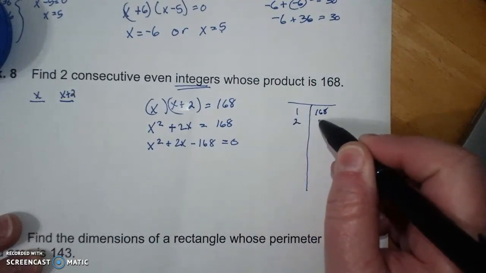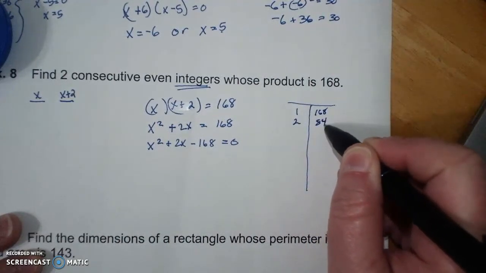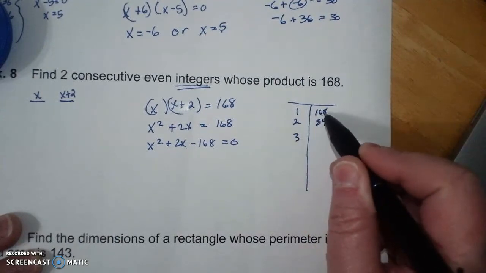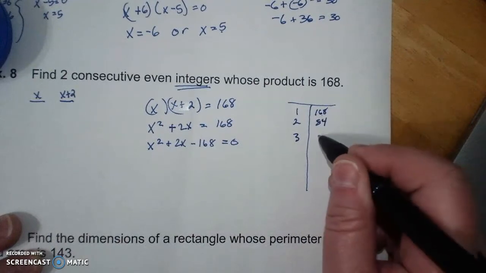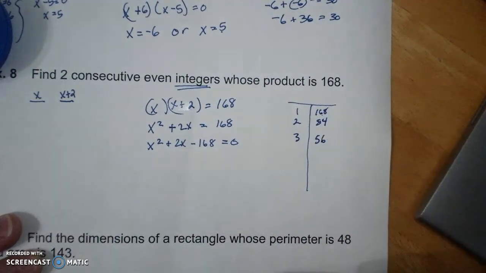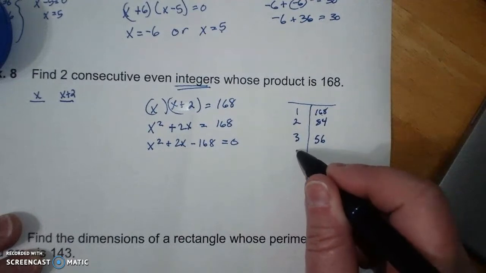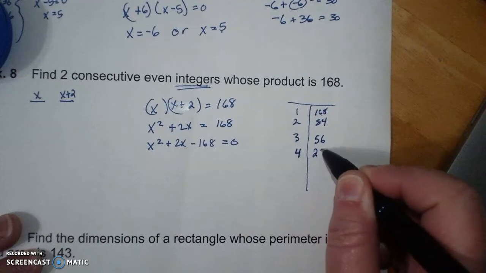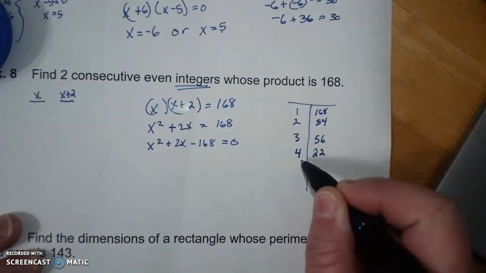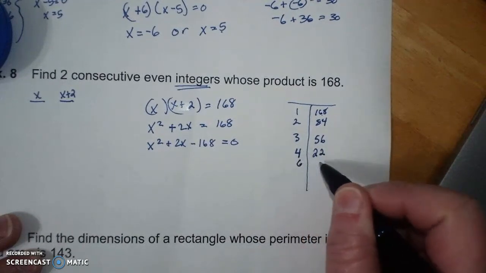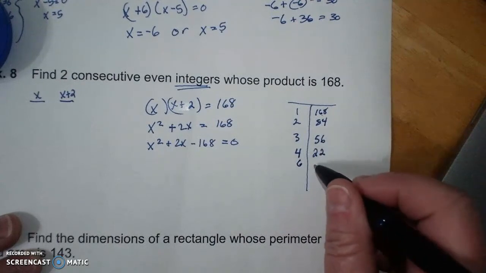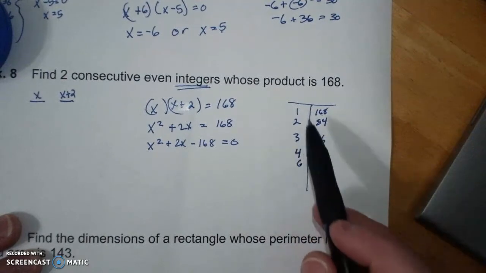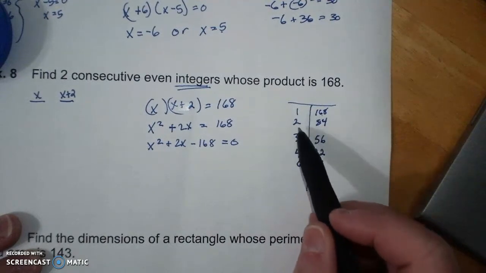So 2 and 84. 3 and 56. 4 and 22. 6 and 17.